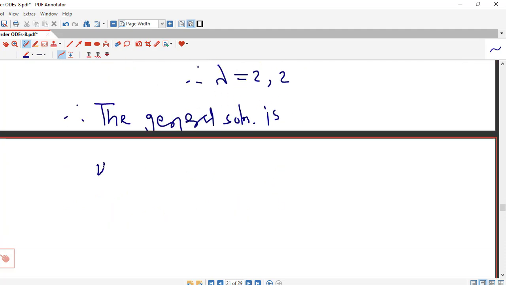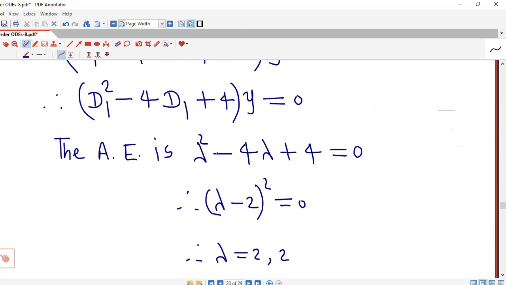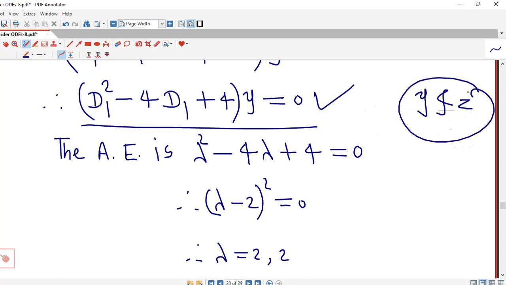y equal to c1 times e raised to 2z. Be careful here, never write x here because we are solving this equation which is in terms of y and z. This is a differential equation with constant coefficients in terms of y and z.